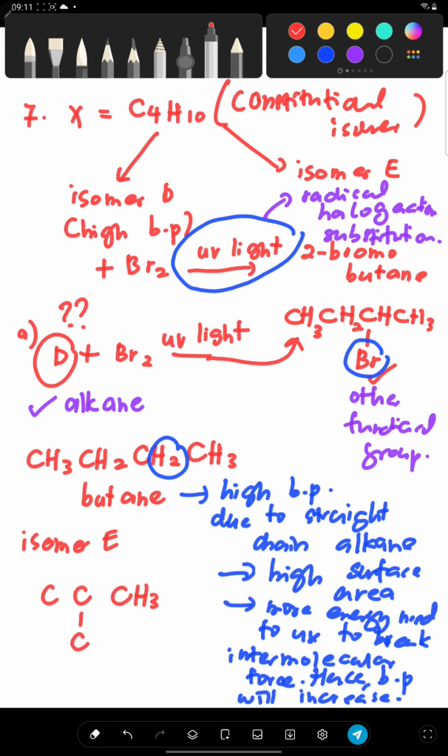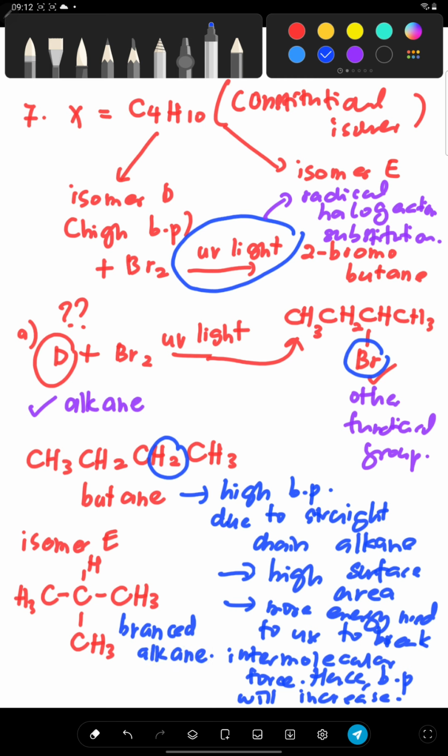So CH3, and then here is CH3, here is CH3, here is CH. So 3, 6, 9, 10. So here is isomer E. Isomer E we consider as branch alkane.